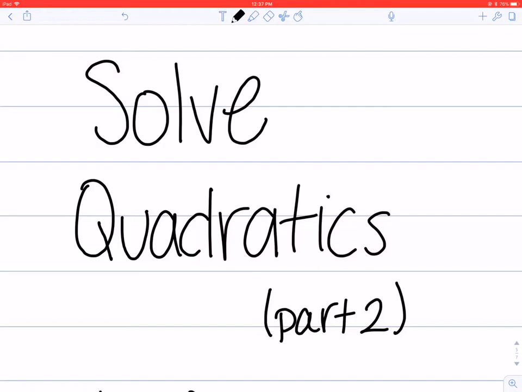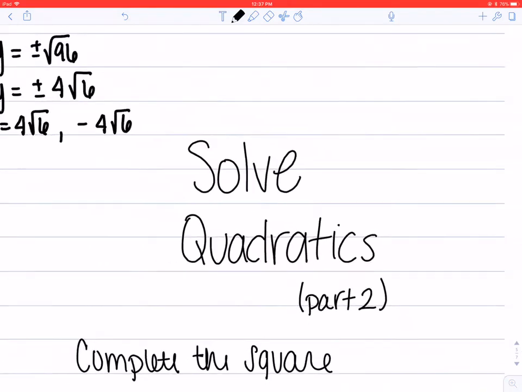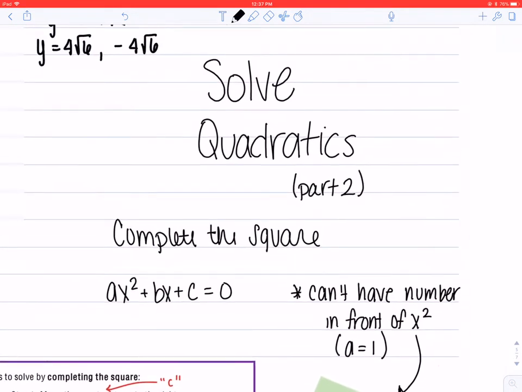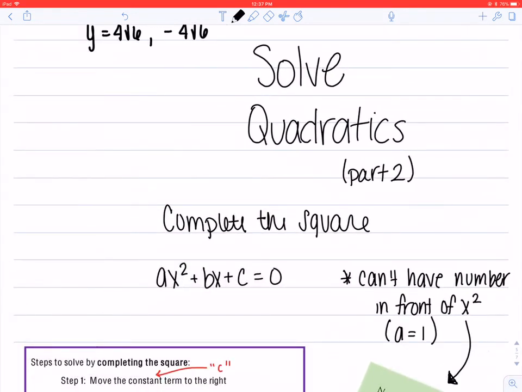This is one of the only methods we've learned so far that works every single time. We will solve quadratics that are in ax squared plus bx plus c, what's called standard form.